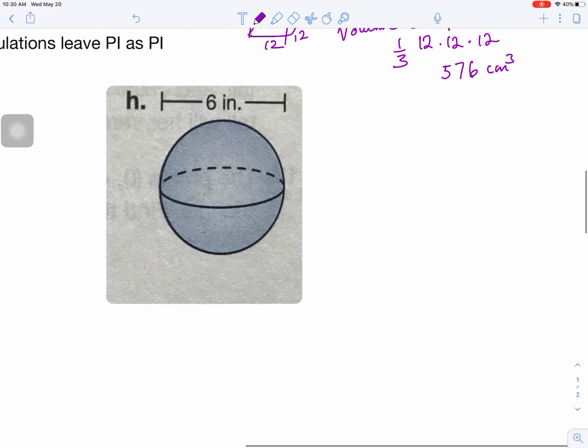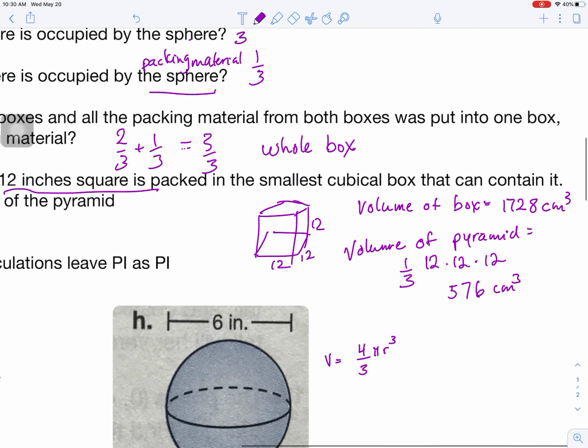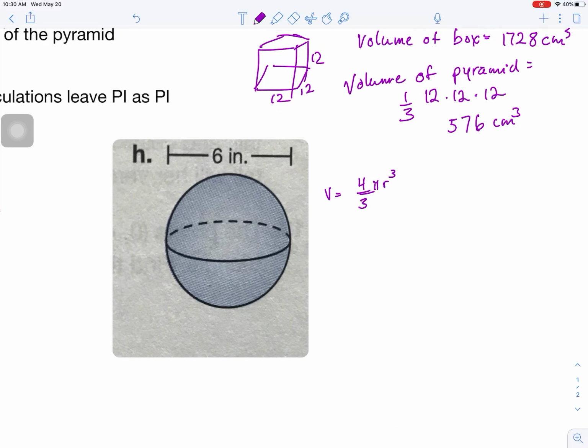The next one, the volume of a sphere. Remember, the volume of a sphere is 4/3 pi r cubed. And that goes back to what I told you, just memorize your way through it. Easiest way is to put it this way: our volume is 4 times pi times 3 cubed over 3.